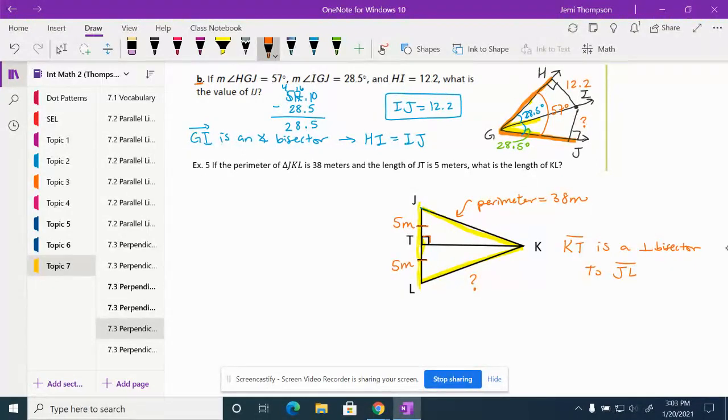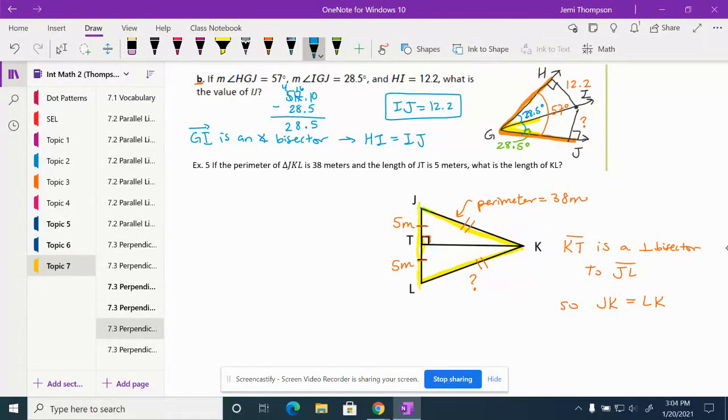That means any point on KT is equidistant from the endpoints J and L. Namely, this is true. Now I can work this out in a couple of different ways, and I'm going to show you 2 ways that come to mind immediately for me.